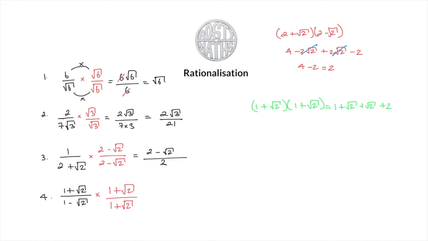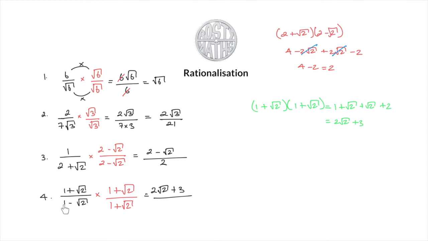So this becomes 2 lots of root 2's because I've got 1 root 2 plus another root 2 means 2 root 2's. And that 1 plus that 2 is going to be 3. So at the top, I have actually got 2 root 2 add 3.